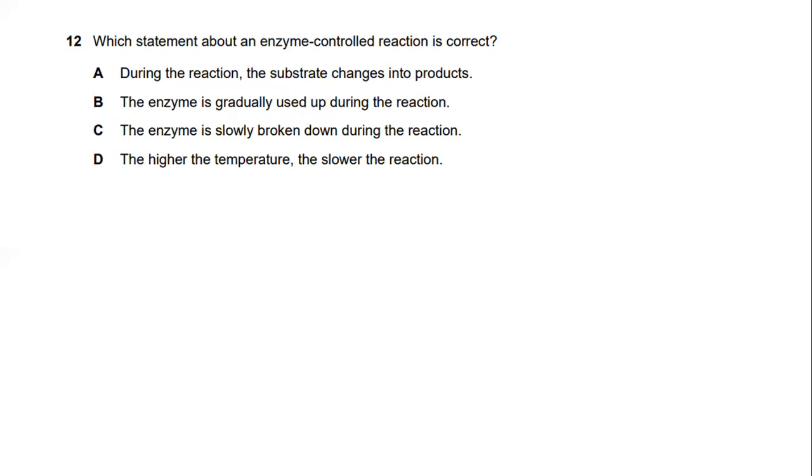Factors that affect the rate of enzyme-controlled reactions are temperature, pH, concentration of the substrate, and concentration of enzyme, where increasing the concentration of enzyme will increase the rate of reaction up to a certain point. So the answer for question 12 is A. During the reaction, the substrate changes into product.